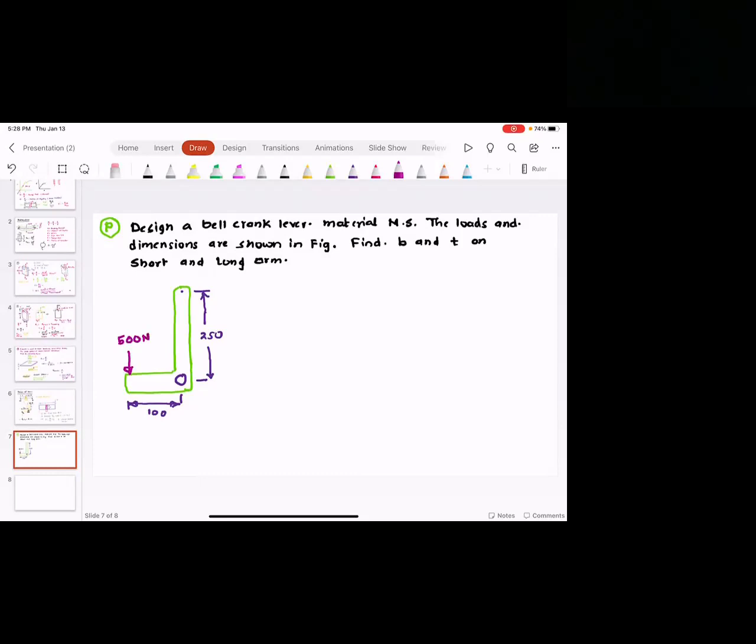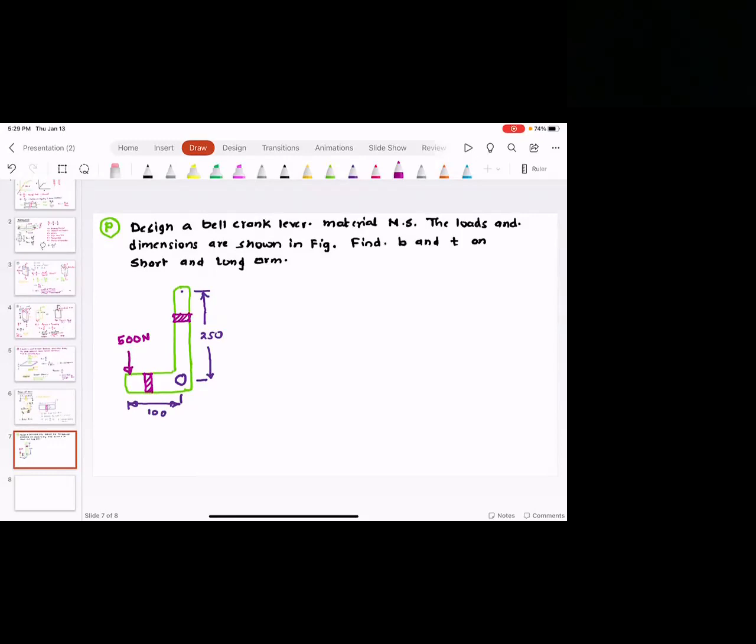And what we want to do is find out the cross-sectional area of the short arm, and the cross-section dimensions of the long arm.